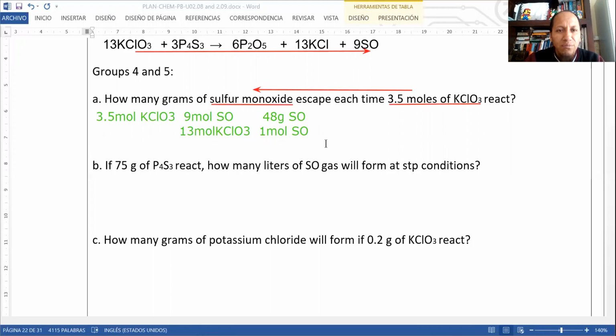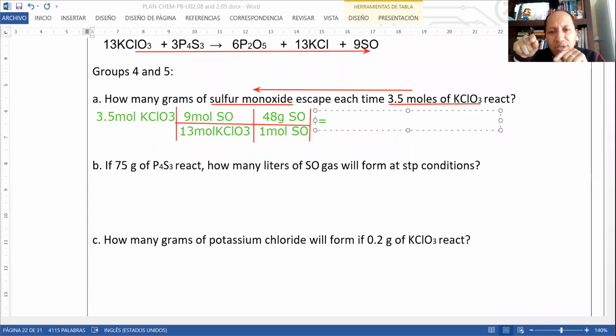Then you just write the conversion factors, putting in the division, and that would make it. And that would equal, if you insert those values into the calculator, 3.5 times 9 times 48, all divided by 13, 116.31 grams of SO.